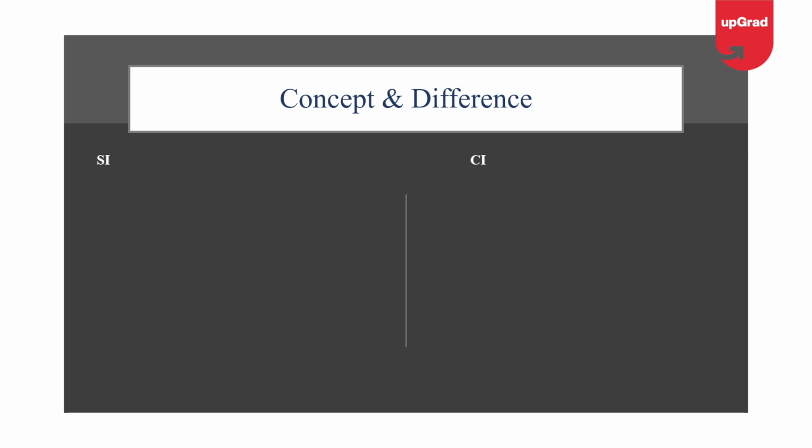Now I'll take an example to explain this concept. Again, I borrow a certain sum of money from a bank. Let's suppose the borrowed money, that is my principal value, is rupees 100. Now this is a case with both simple and compound interest.